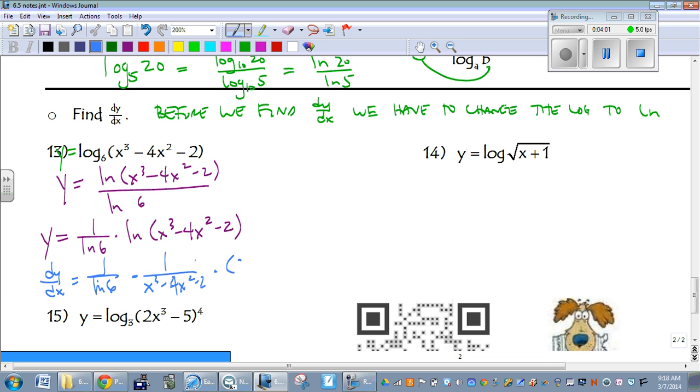So times 3x squared minus 8x. So our final answer for this one, we're going to end up with 3x squared minus 8x all over natural log of 6 times x cubed minus 4x squared minus 2.